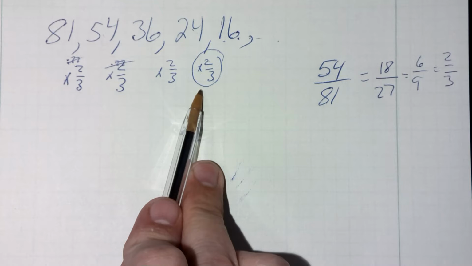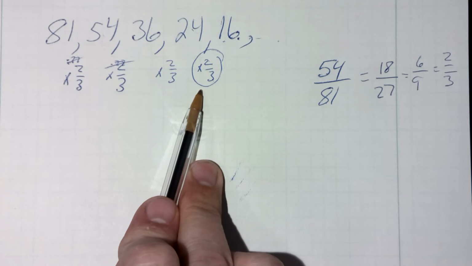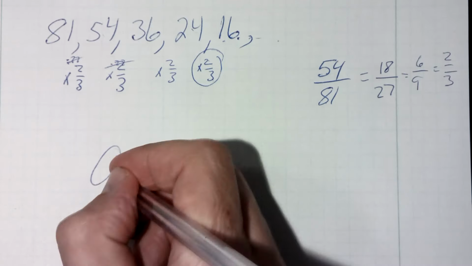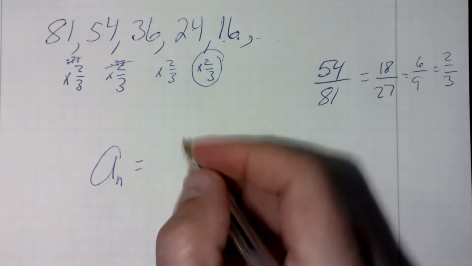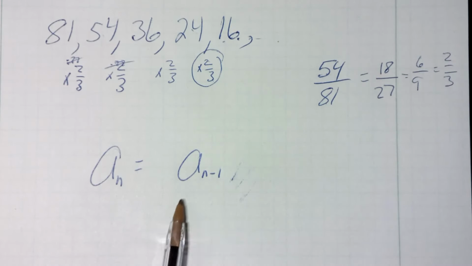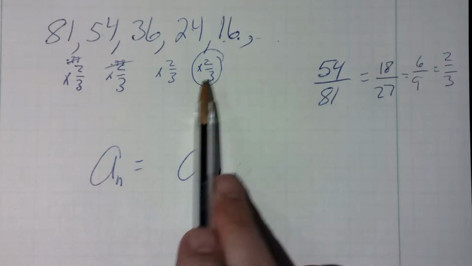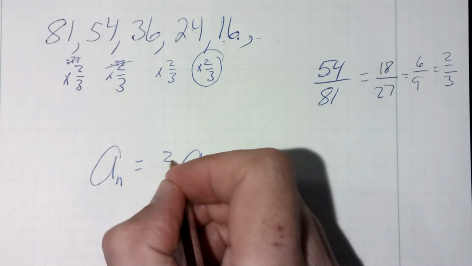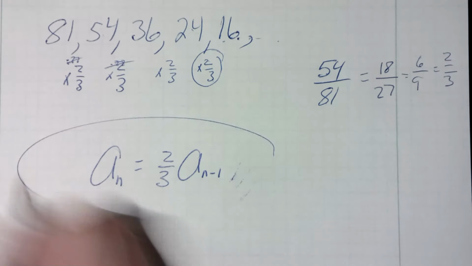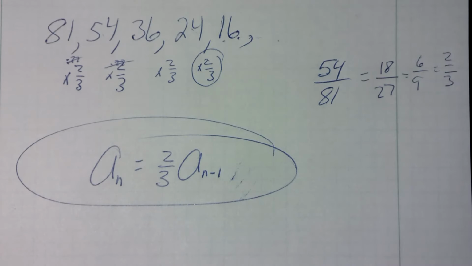Now I can write the recursive formula. I'm going to find any term I want by taking the term that came before it and timesing by 2/3. I've written the recursive formula for that sequence. If you have questions, please bring them to class.